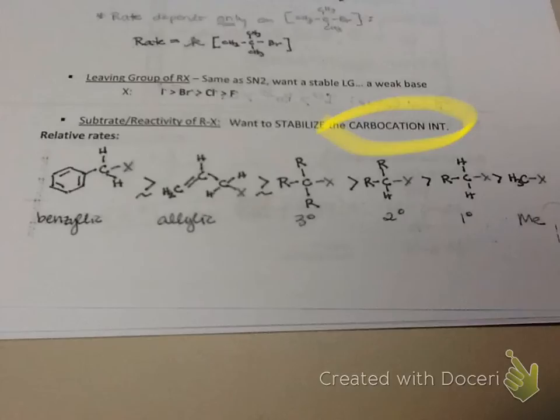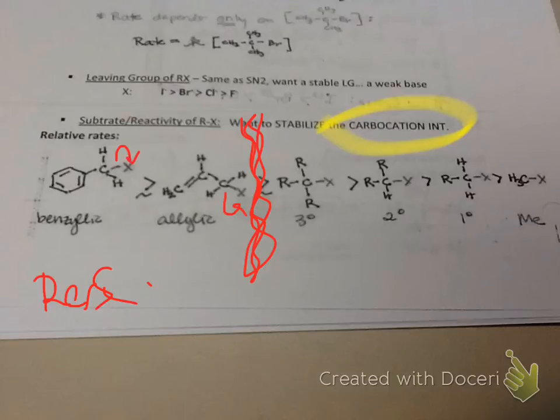Now, we talked about stability with two different effects: hyperconjugation for our regular carbons, and then we also have resonance stabilization as well. These are two different topics. So for resonance stabilization, we have two types of cations that can form once the halide leaves that are resonance stabilized.